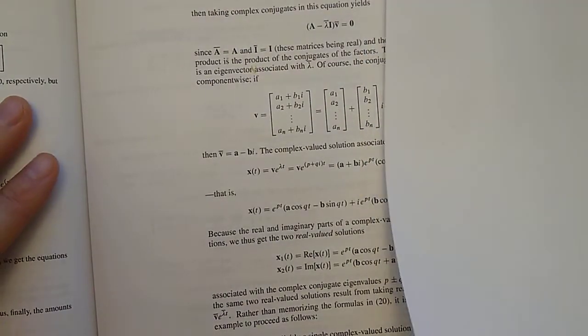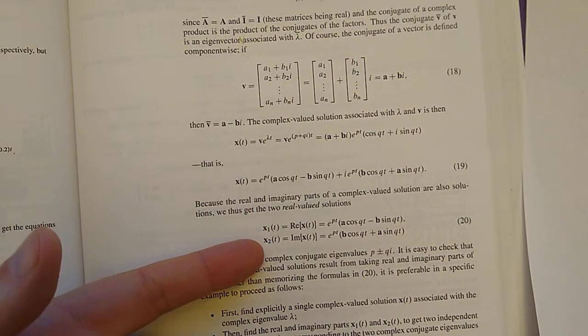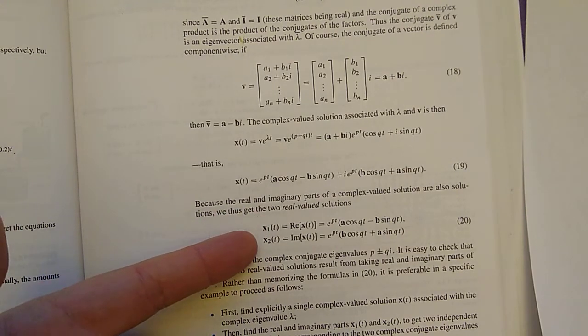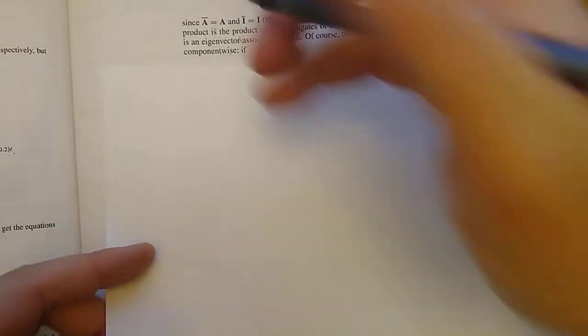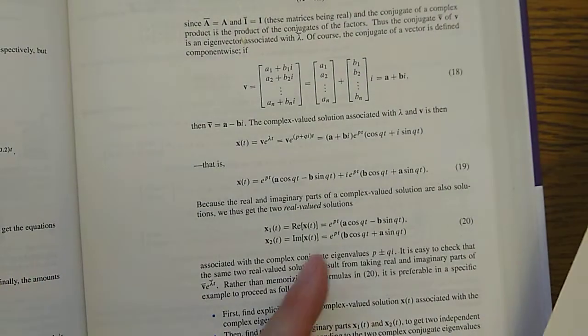So I'm basically done. I'm just assembling my answer here. So this gives me two linearly independent solutions. So basically I'm going to have a constant times this one plus a constant times this one. So let me just start writing this. C1 times the following.